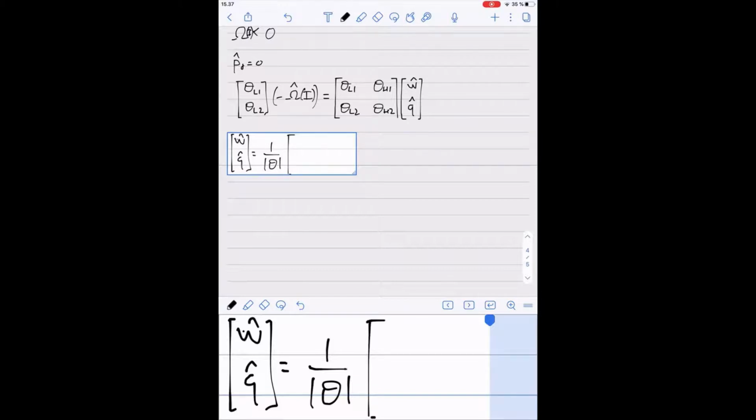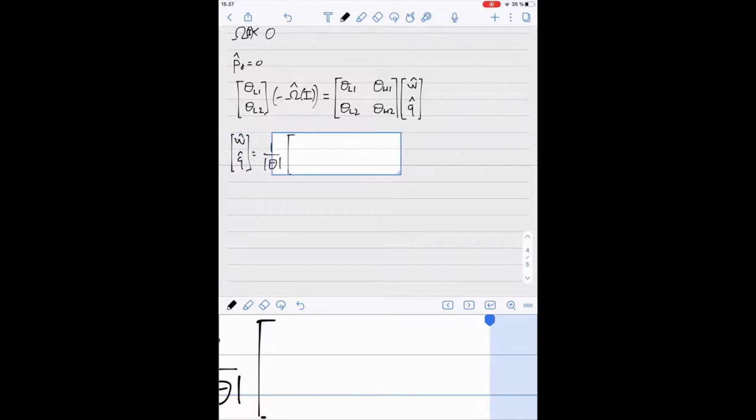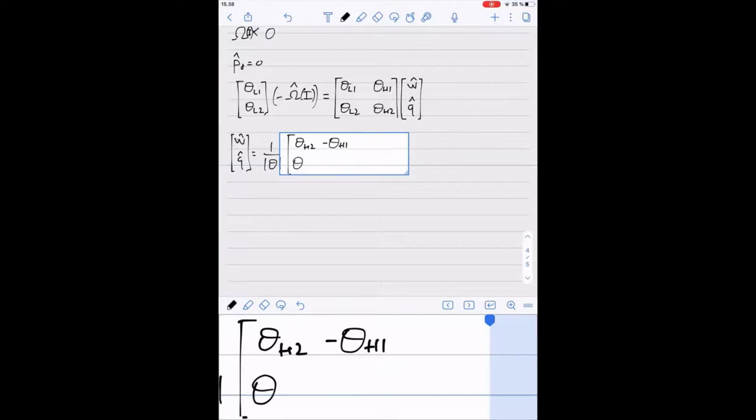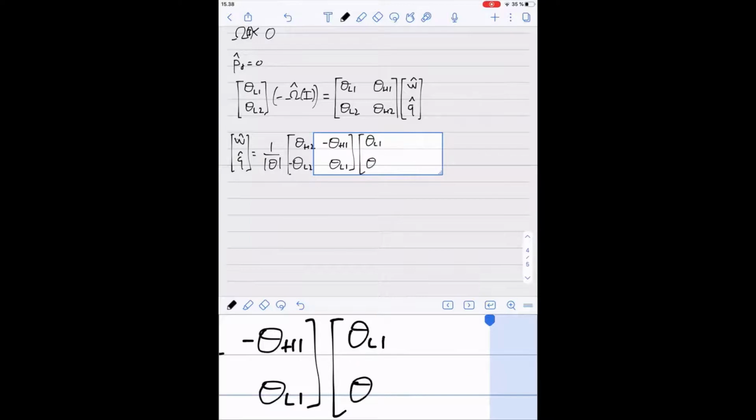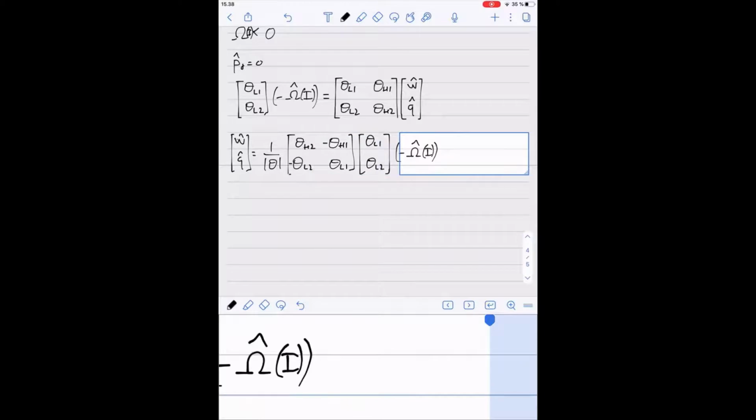Then we invert the matrix, and that becomes theta H2, minus theta H1, divided by minus theta L2, theta L1. And this multiplies theta L1, theta L2, times minus omega hat I. Okay.